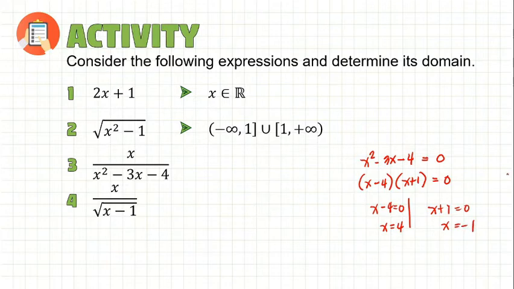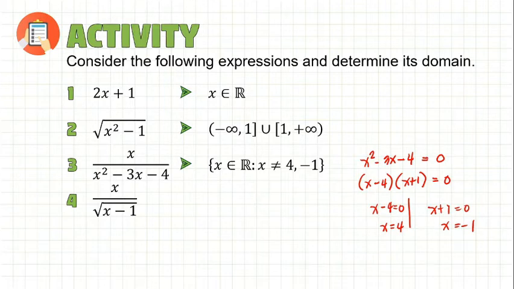So therefore, 4 and negative 1 are not included in the domain of this expression. Thus, the domain will be the set of all x element of real numbers such that x is not equal to 4 and negative 1.